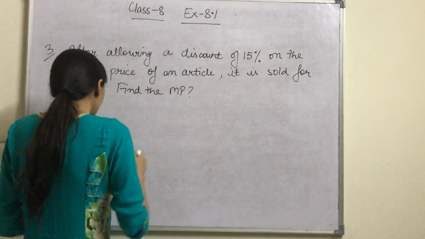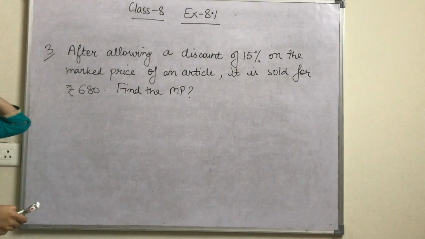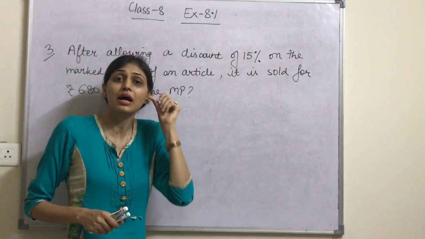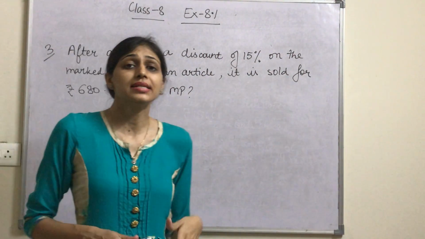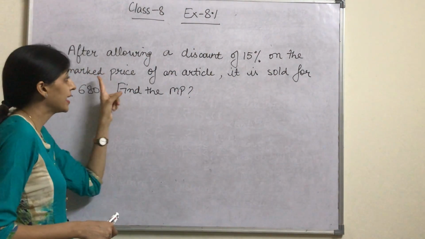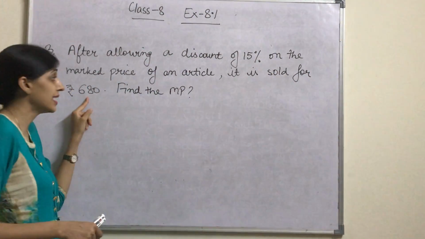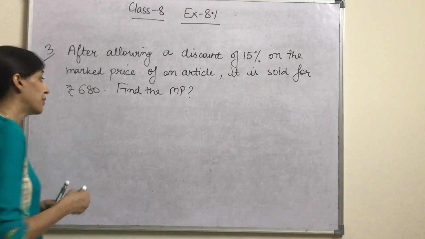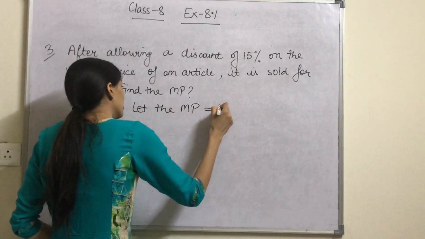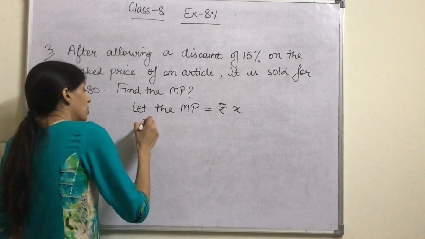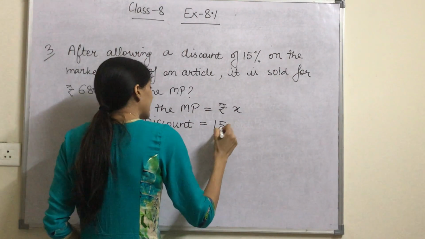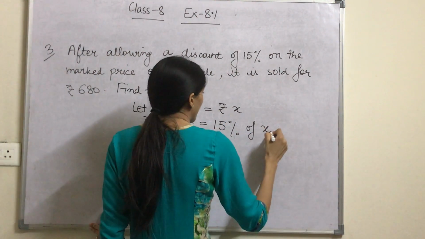Now in this question, they are saying that after allowing a discount of 15% on the mark price. We don't know the mark price. They are giving a discount of 15% on the mark price, and then the selling price will be this. You have to find out the mark price. Let the mark price be rupees X. What is the discount they are giving? 15% of mark price.